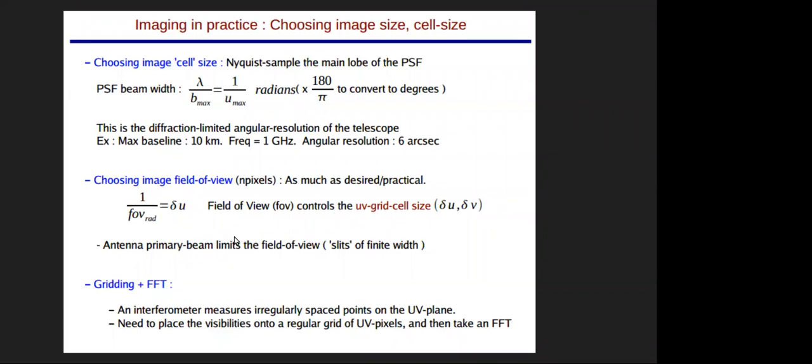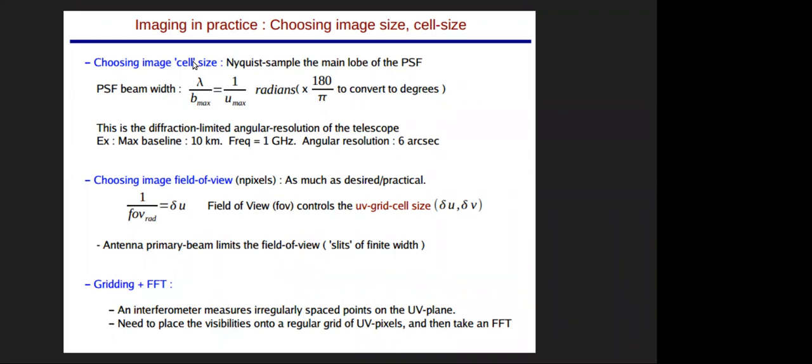Okay, so first you should find out what the PSF is. Theoretically estimate the PSF size. The PSF beam width basically depends on your wavelength and the maximum baseline you have. This equation gives you the answer in radians, and you need to convert it into degrees.